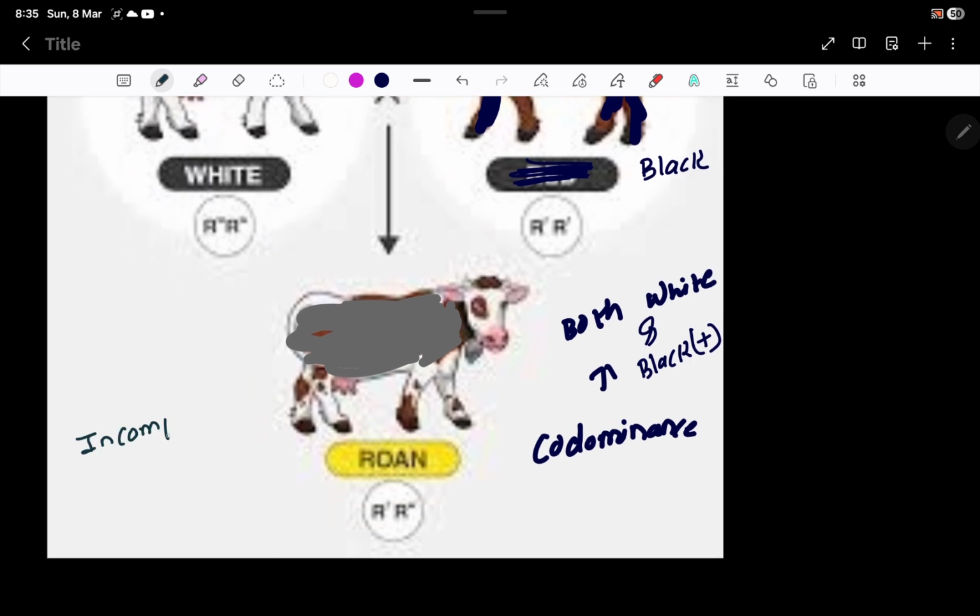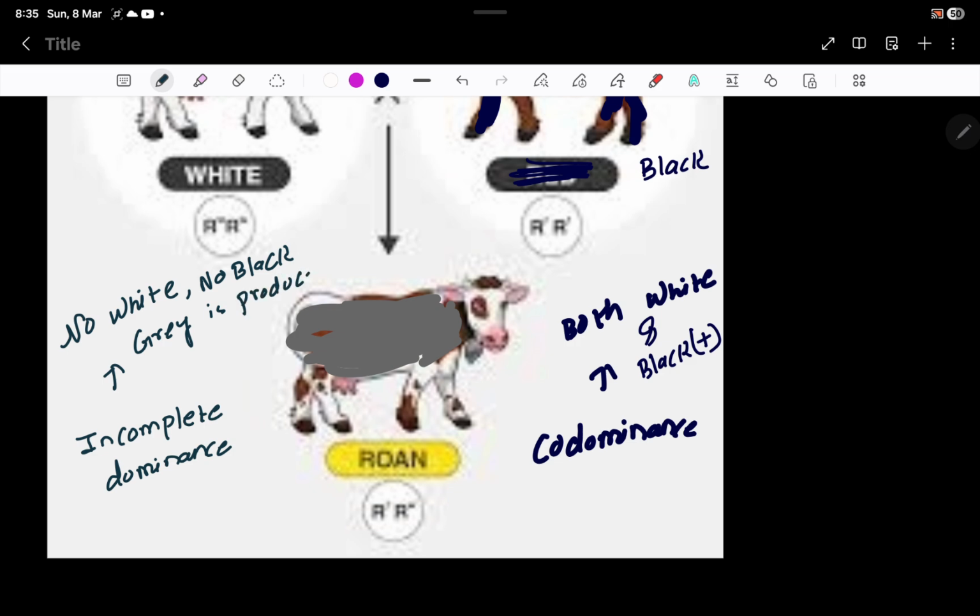In incomplete dominance, no white, no black, gray is produced. So no alleles or genotypes are expressed separately in the phenotype.